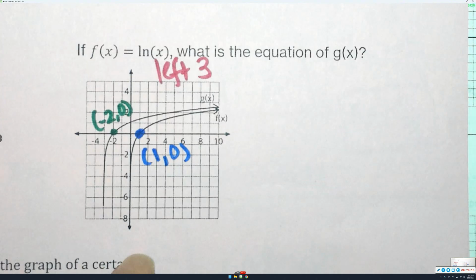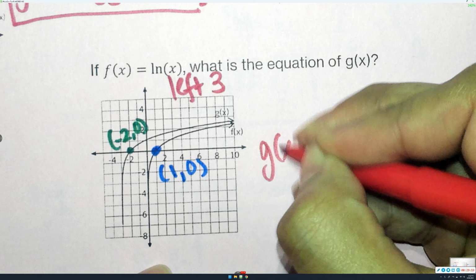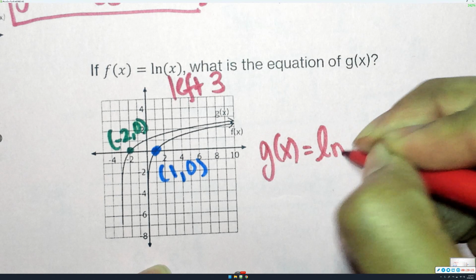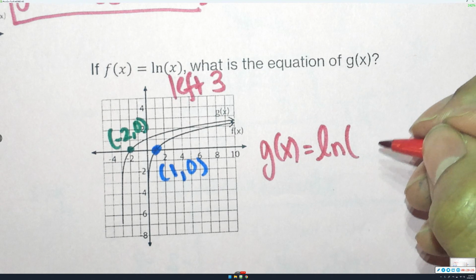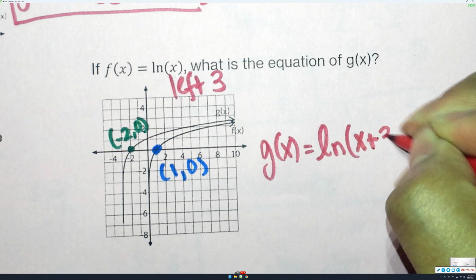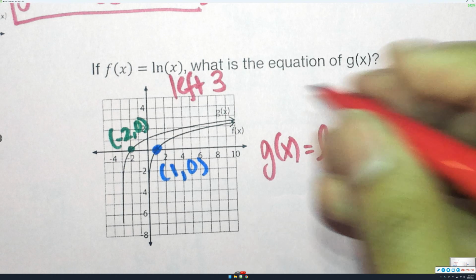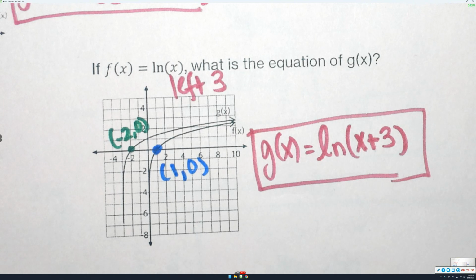Now, on the right-hand side, look how we write down this equation. So we have g of x is equal to the natural log of, now we did a shift going to the left, right? So that should be a plus. So x plus 3. And it goes inside the parentheses. All right, there we go. That's our solution. Go ahead and box that in. So really easy, right?